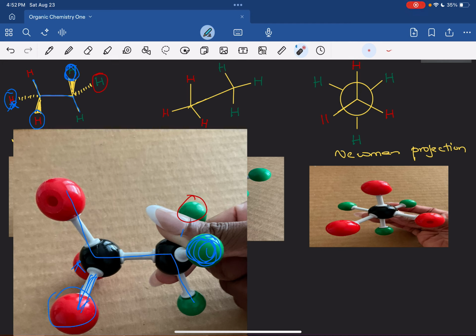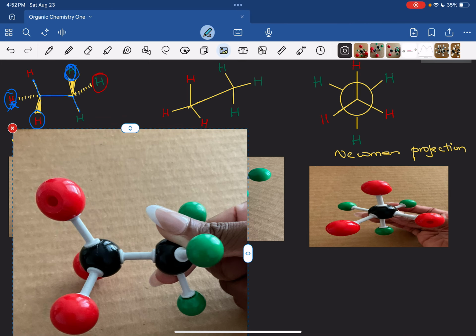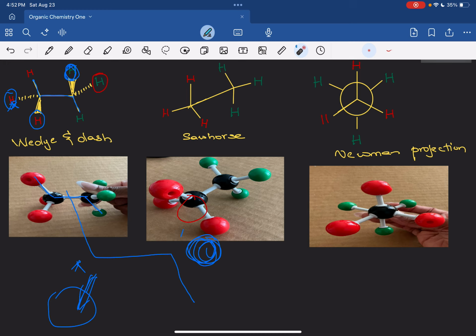So wedge is towards, dash is away. Anything that just has a bond is in the plane. It's not coming out towards you, and it's not protruding in the back. All right, so that's that. Let's get rid of this.